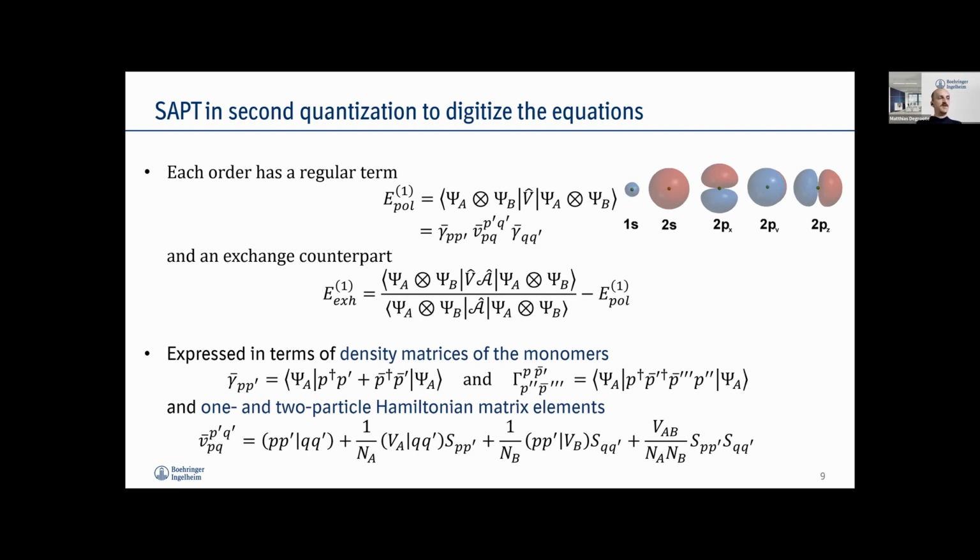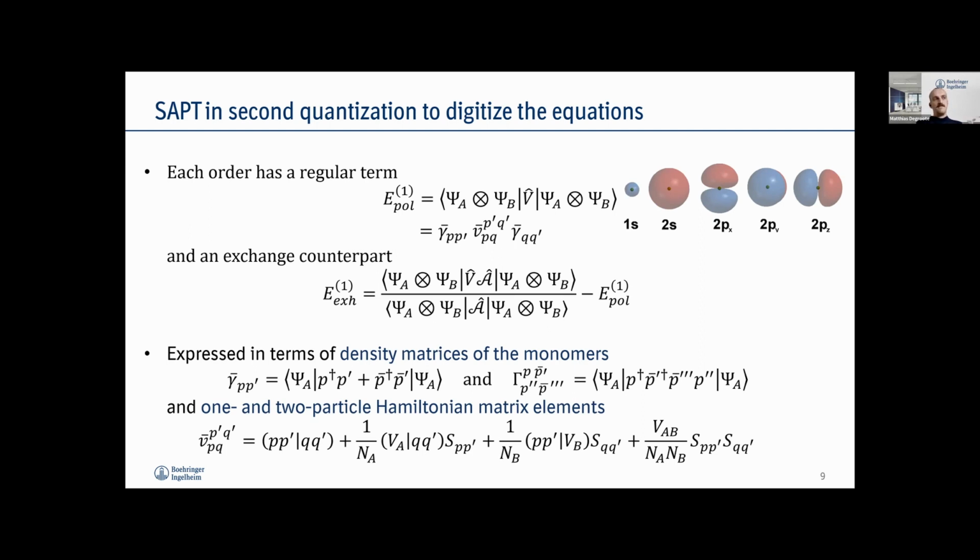So if you see below, the density matrix is an expectation value between the wave functions of A. So you can build this interaction term purely out of terms that need only the wave function of one of the monomers.